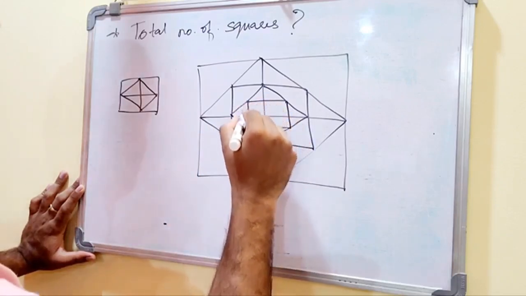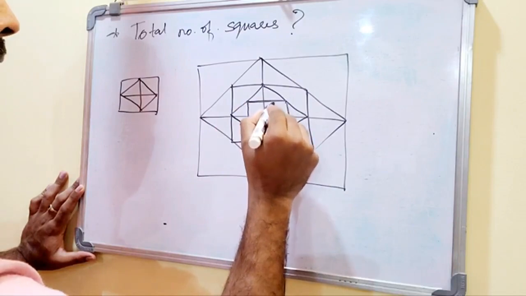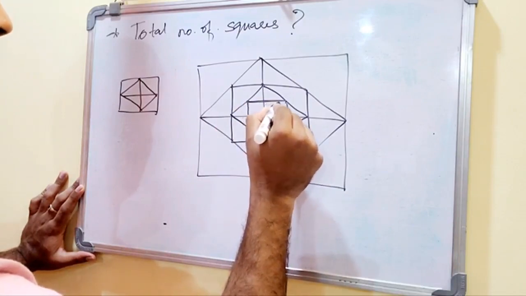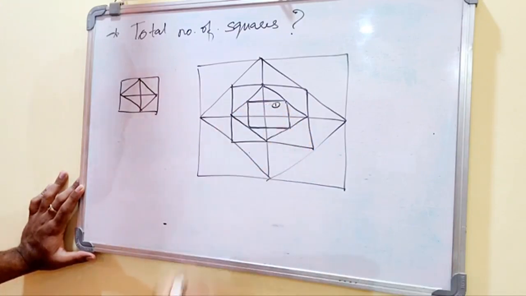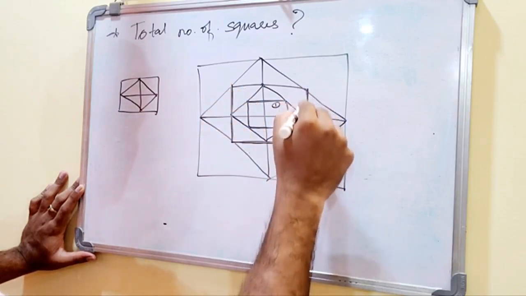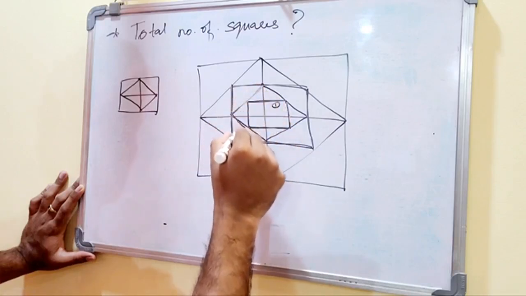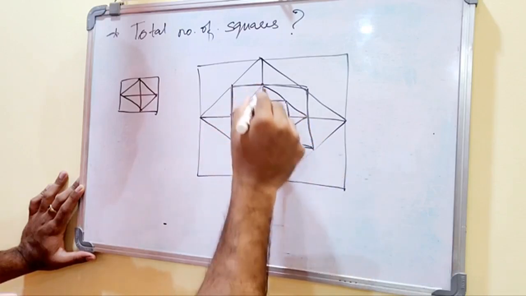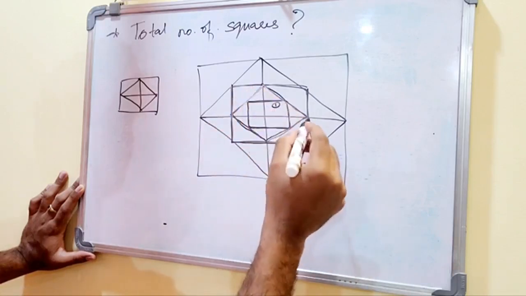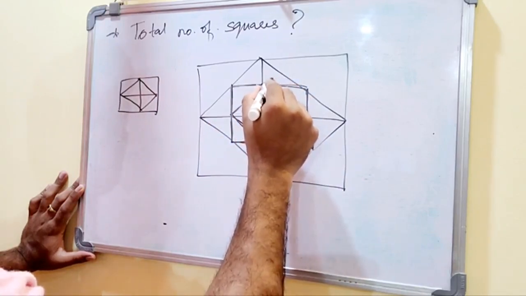First, this small square, we'll number it as number 1. And this one along with this one, together, we'll call it number 2.